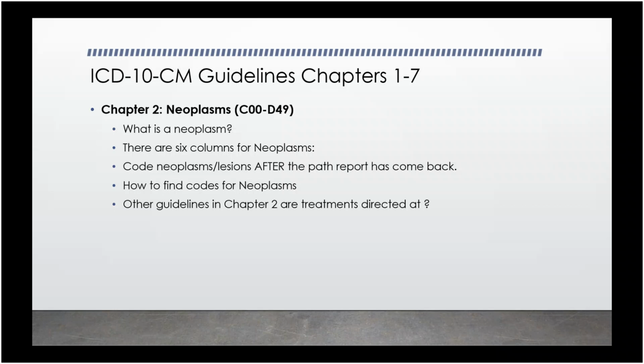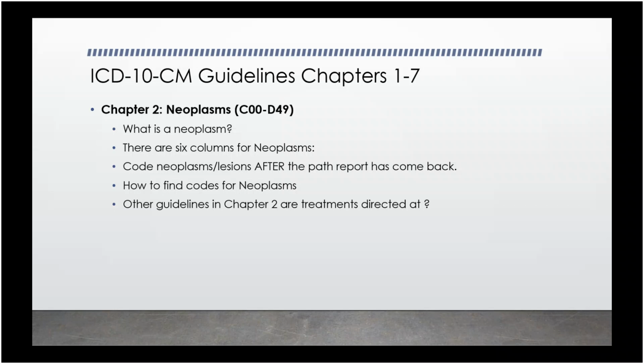There are 6 columns in your neoplasm table. So you have primary, secondary, cancer in situ, benign, uncertain, and unspecified behavior. The primary is where the neoplasm started. So you may have the breast. Secondary is where it metastasizes.